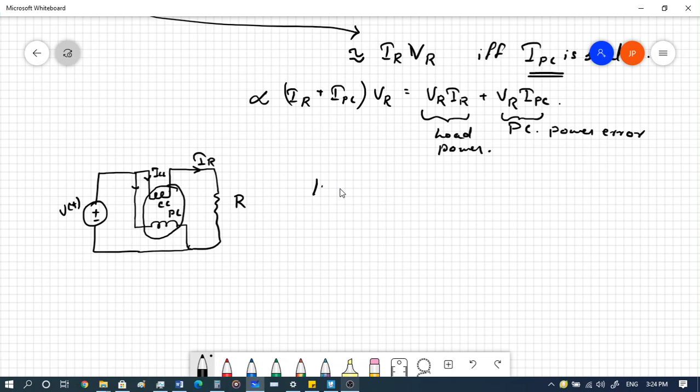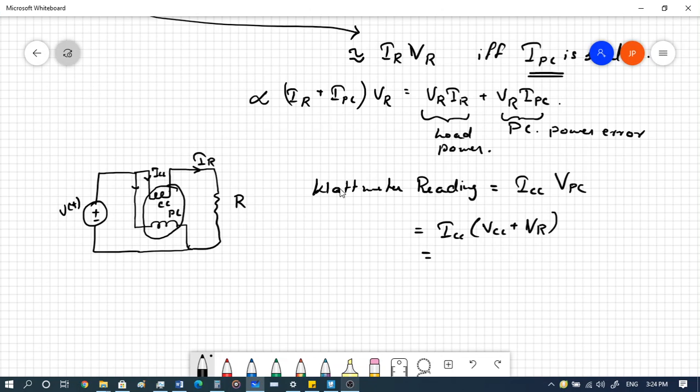So if you look at the wattmeter reading, what we get is ICC into VPC, and ICC into VPC can be written as VCC plus VR.